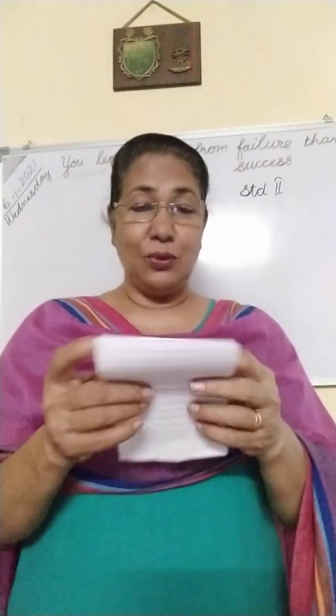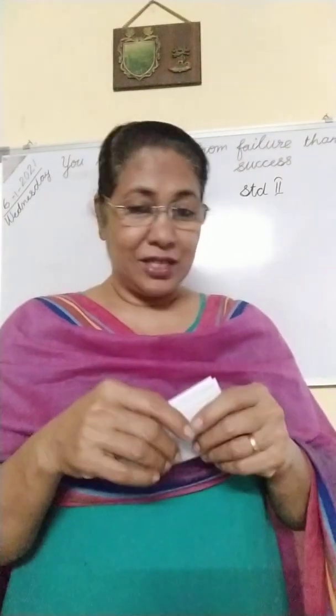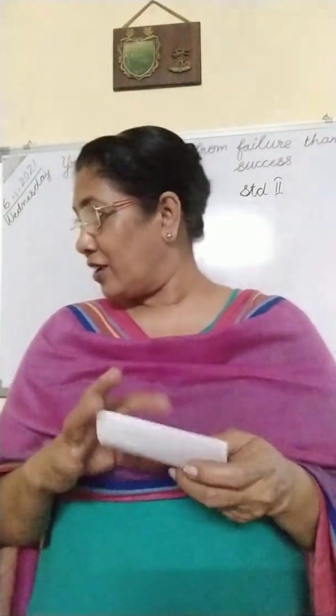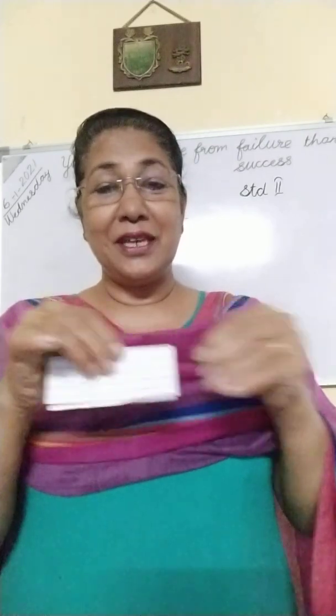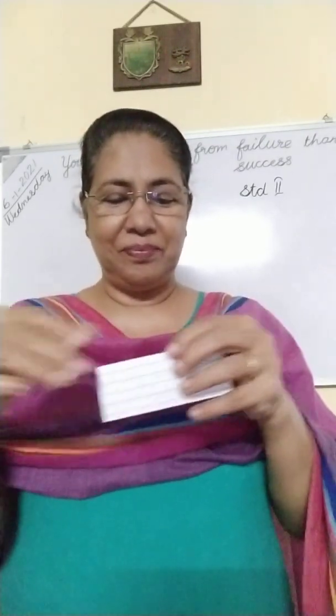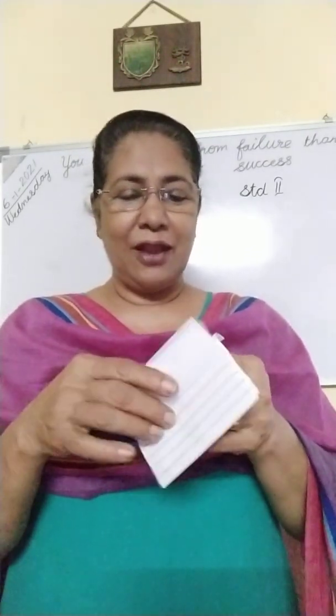Now again I'll show you. Look carefully, okay? I'll show you once again. Now folding one more time. Let me see how many foldings it will come to. Look carefully. See how many foldings can you make out?